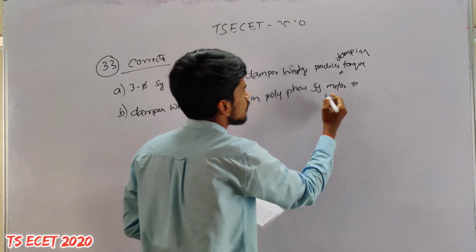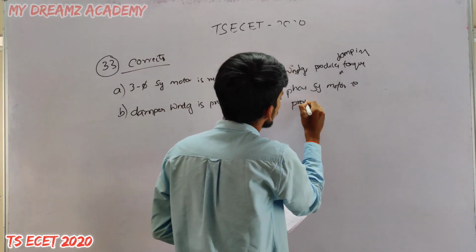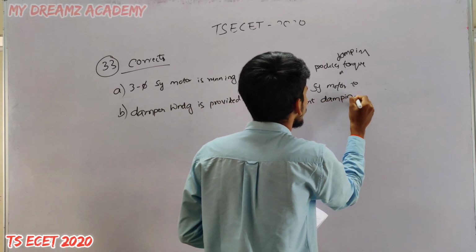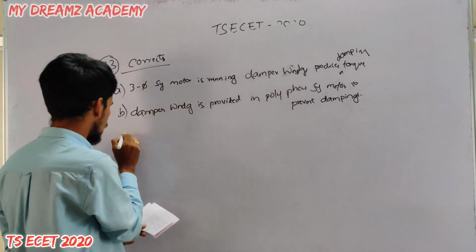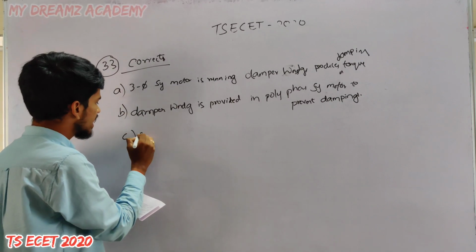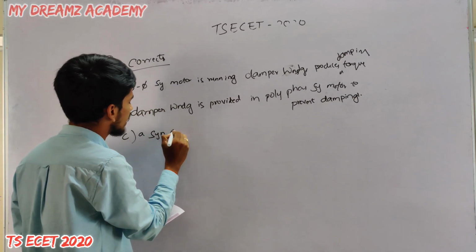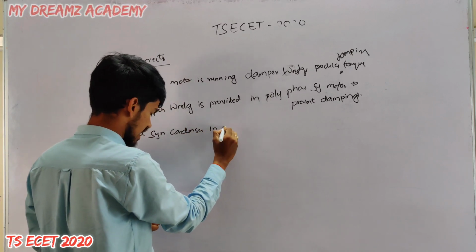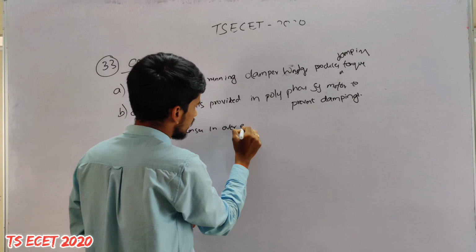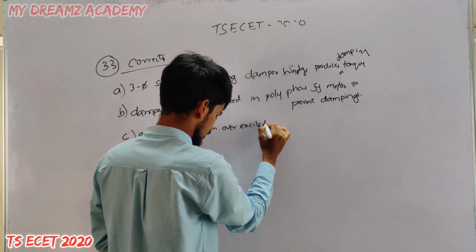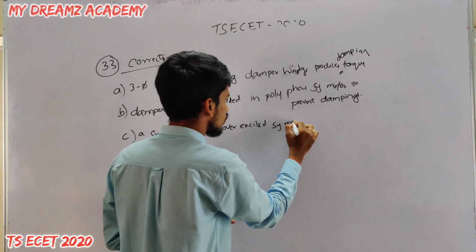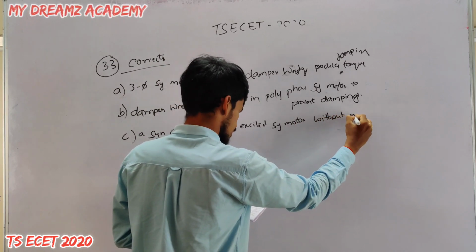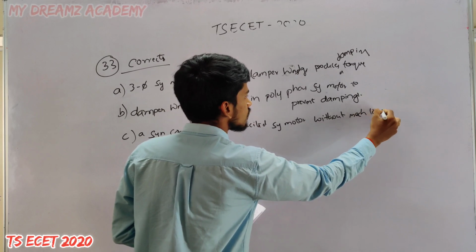to prevent hunting. Option C, a synchronous condenser is an over-excited synchronous motor without mechanical load.